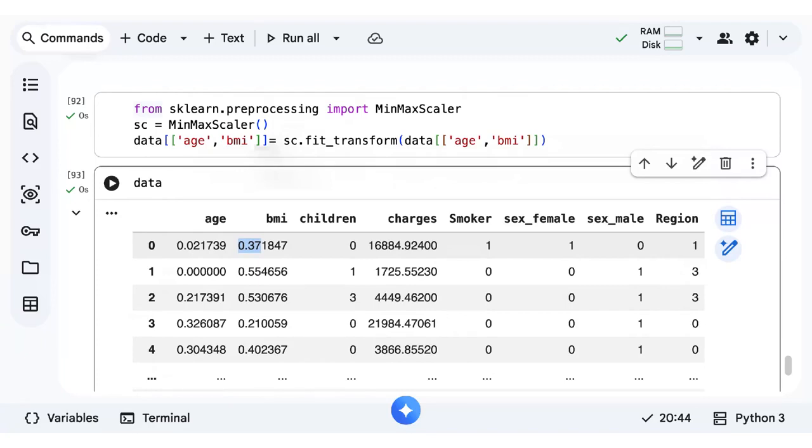Any question related to scaling you can ask. No questions? All good?